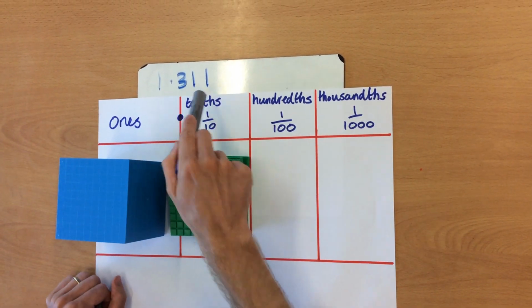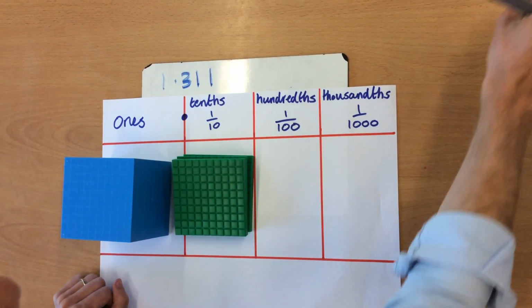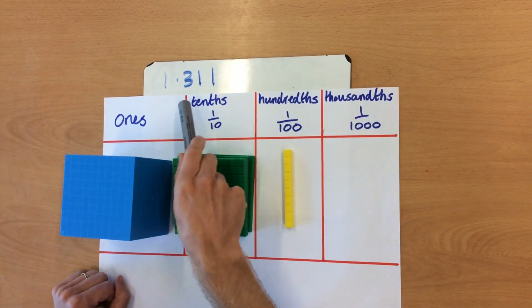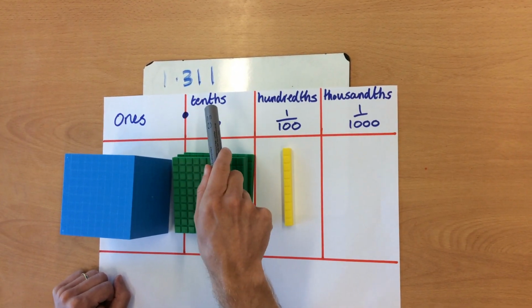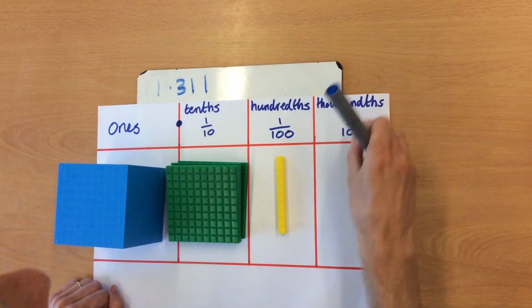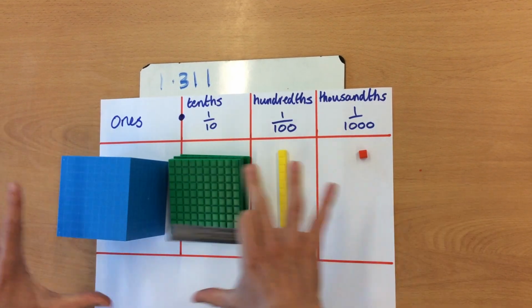Right, next place value is hundredths. How many hundredths do I have in my decimal? 1. So I'm going to put 1 here. Next is my thousandths. What's the digit in my thousandths place value? Tenths, hundredths, thousandths. It's 1 again. So I'm going to put a 1 in here. So this is the same decimal, I've just built it.